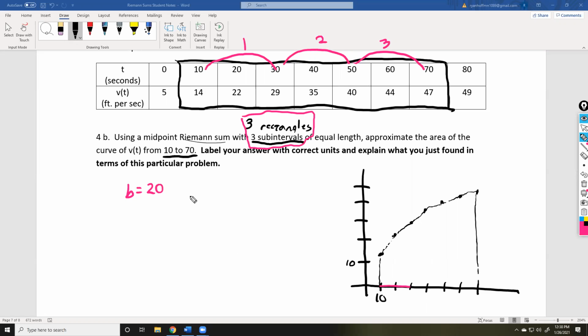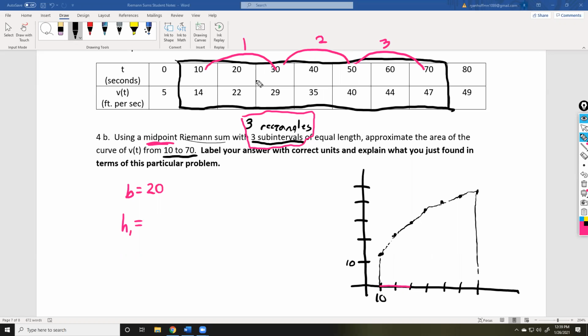So when we go in the formula, I'll be able to take a 20 out of the whole thing. And then our height for rectangle number 1, since we want to use a midpoint Riemann sum, we want to use the midpoint as a height.